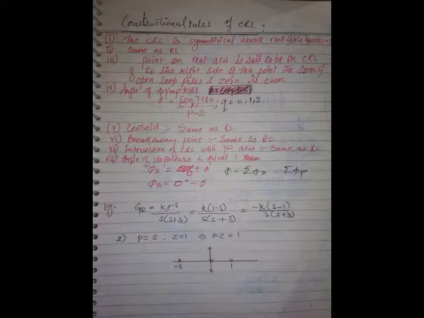Next, rule number 8, angle of departure and arrival. What was the angle of departure for RL? Phi d was 180 degrees plus phi, and phi a was 180 degrees minus phi. And what is this phi? Sigma of phi z minus sigma of phi p. There we have taken 180 plus phi and 180 minus phi, because the angle of minus 1 was 180. Now what is the angle of plus 1? It is 0.